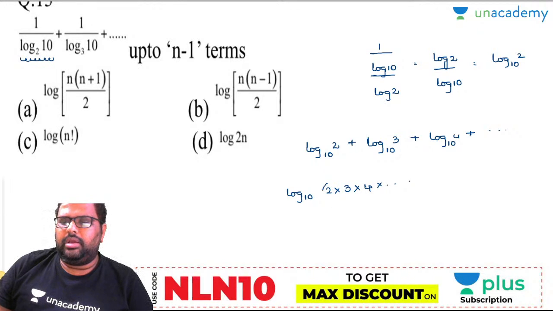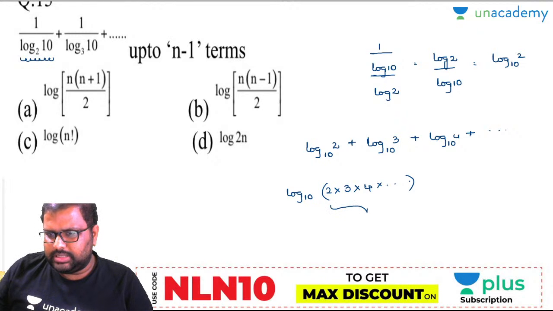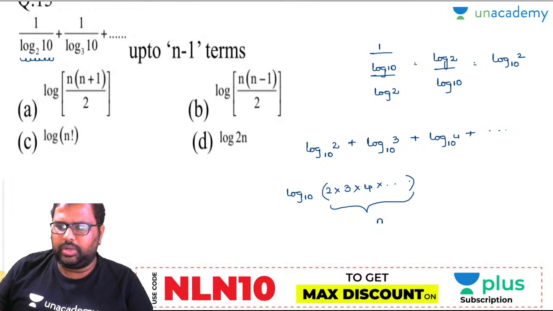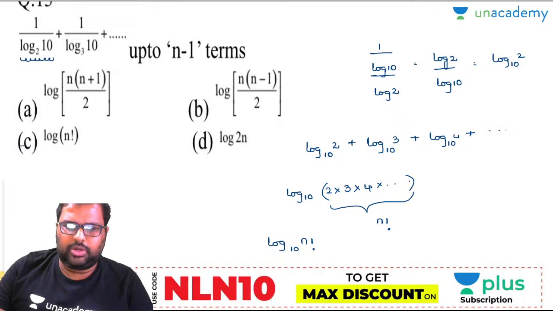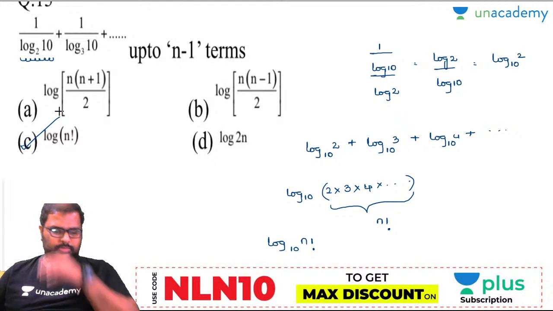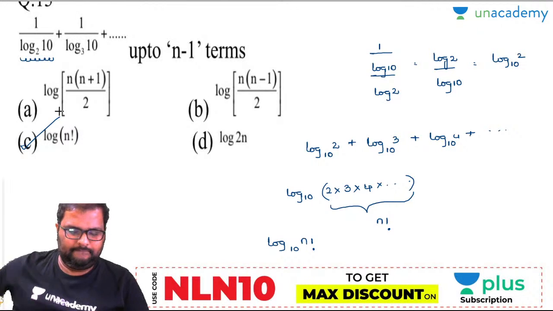So there is no need to add 1, even though if you add 1 you can finally make up the same. This is in the format of factorial, n factorial. So your answer is log base 10 of n factorial. Is there any such option there? Yes, there is an option called C. Is it clear? Done.